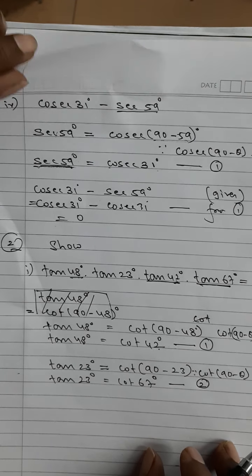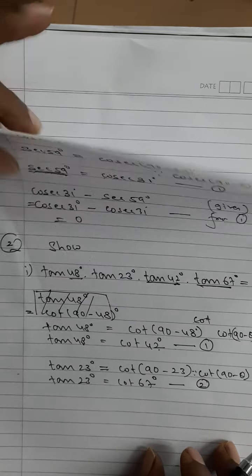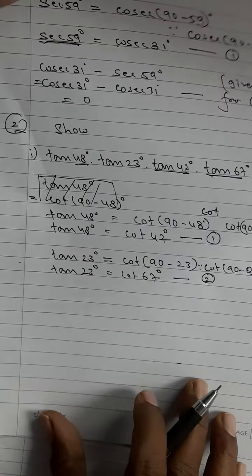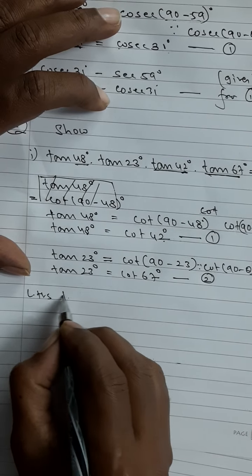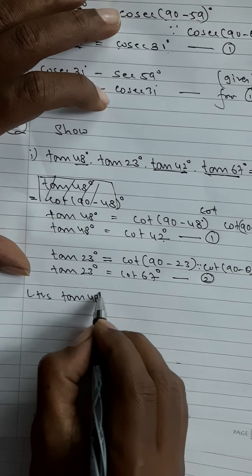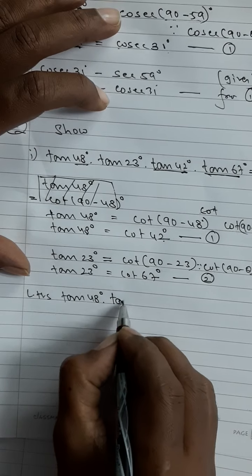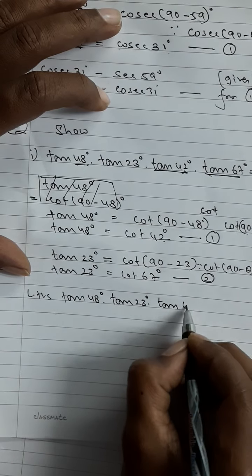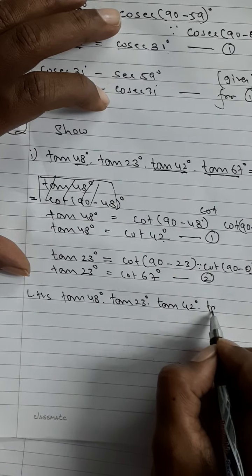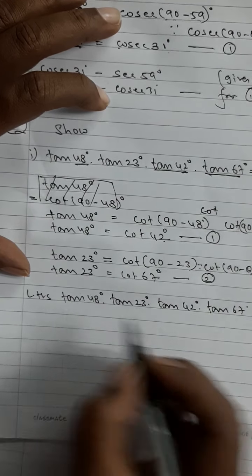Now LHS: tan 48 degree into tan 23 degree into tan 42 degree into tan 67 degree.